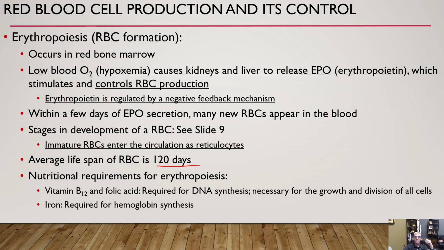Iron. If we're creating red blood cells, we need iron, because we have to also create that hemoglobin to go into the red blood cells. And I know we haven't talked about hemoglobin yet. We will in like 7 slides or something like that.